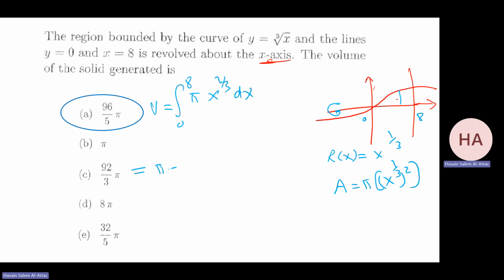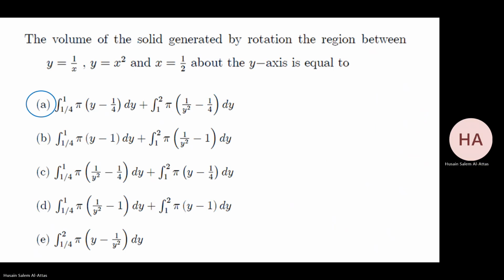That will be pi times 3 over 5 x to the power 5 over 3 from 0 to 8. That will be 3 over 5 pi times, cube root of 8 is 2, 2 to the power 5 is 32, minus 0. So that will be 96 pi over 5, which is the volume of the solid.